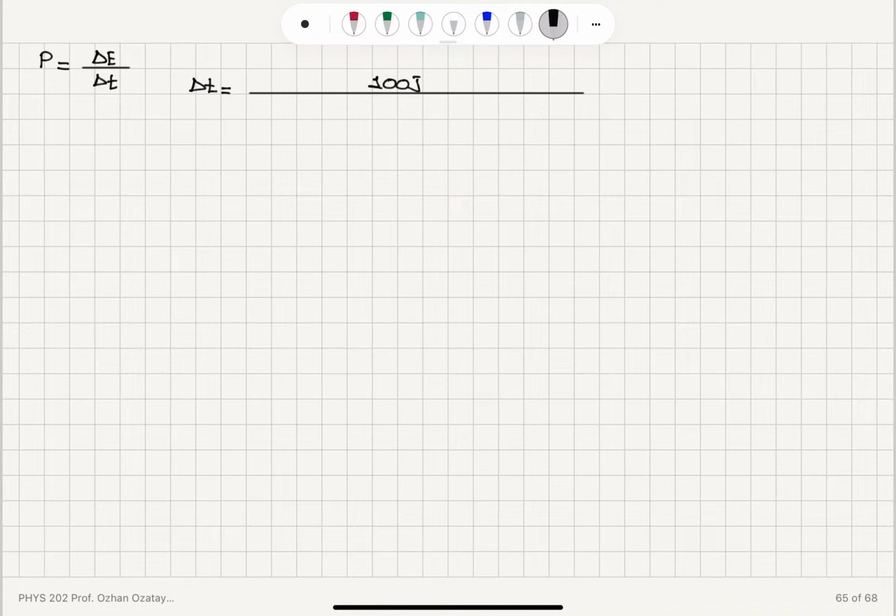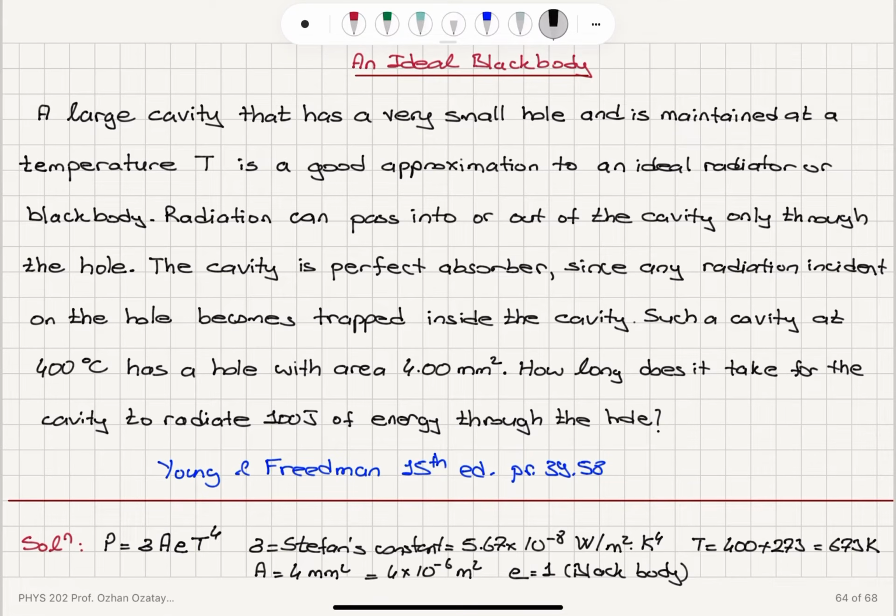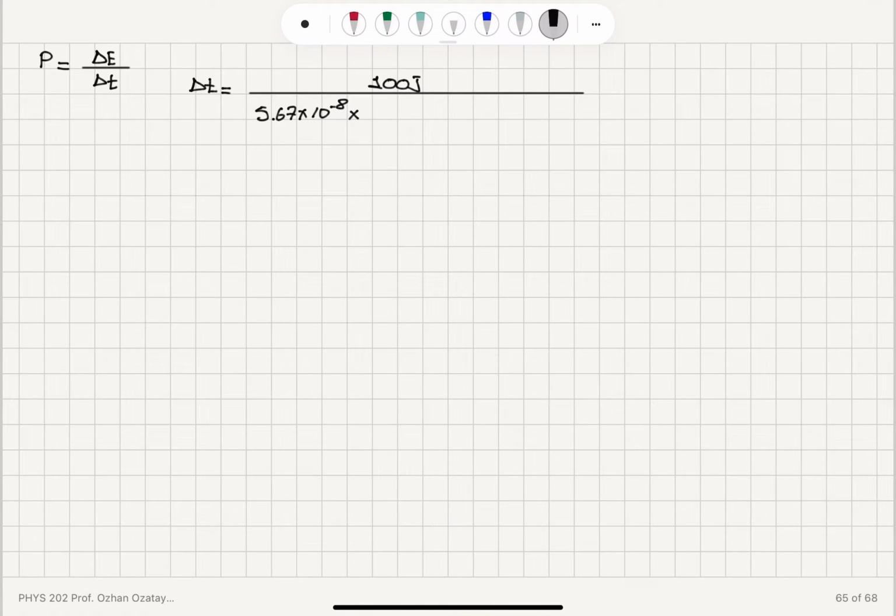The power is sigma, Stefan's constant, 5.67 times 10 to the minus 8 watts per meter squared Kelvin to the fourth power, times the surface area, 4 times 10 to the minus 6 meters squared. Emissivity was 1, and we also have absolute temperature, 673 Kelvin to the fourth power.